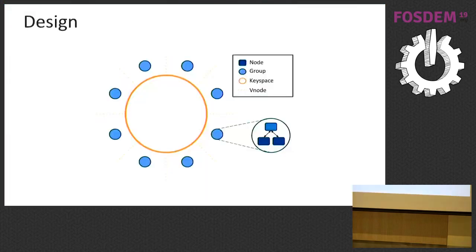So applying this to Scylla leads us to a bunch of interesting design choices. First of all, because Scylla is partitioned, there is no single node that holds all of the data.